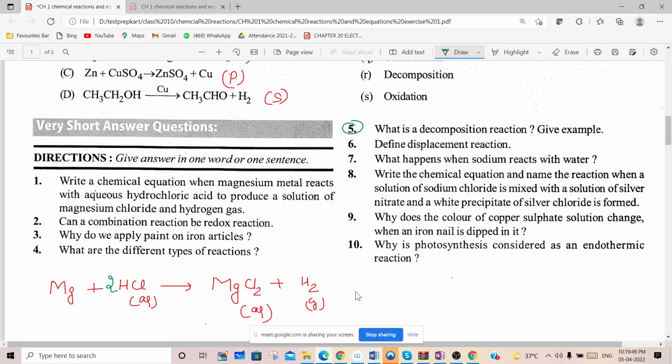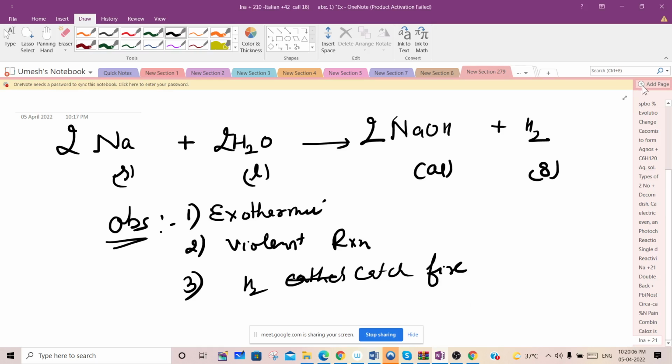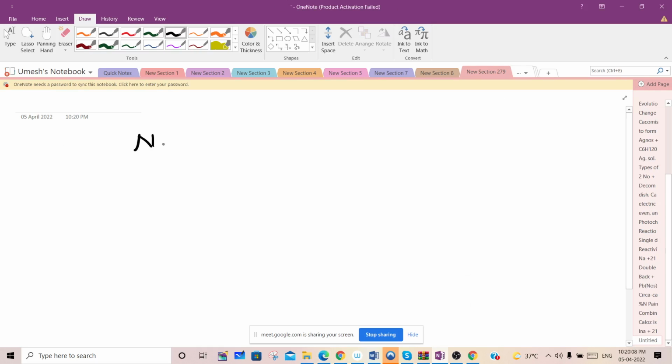Okay, write the chemical equation and name of the reaction when sodium chloride is mixed with a solution of silver nitrate and white precipitate silver chloride is formed. Sodium chloride formula is NaCl.